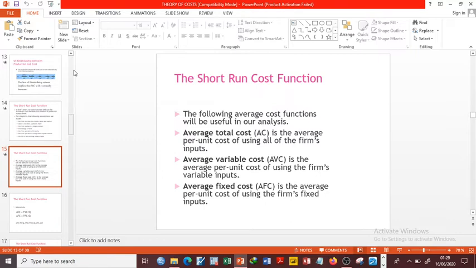But in this perspective, we are looking at costs. So anything average, just like we calculate the average, will have to do with the total cost divided by the output, right? Then average fixed cost, by definition, is the average per unit cost of using the firm's fixed input. But mathematically, average fixed cost is total fixed cost over output produced.